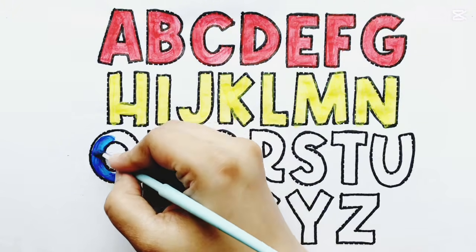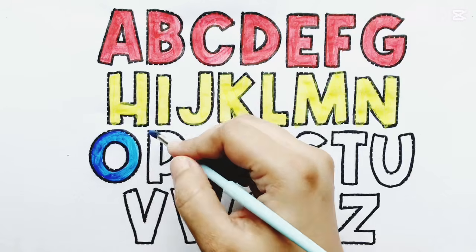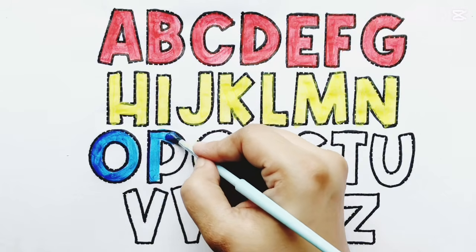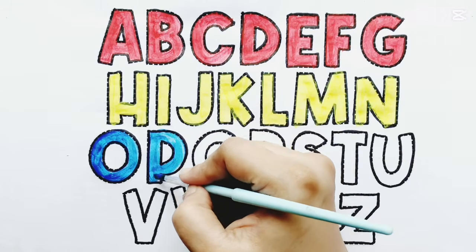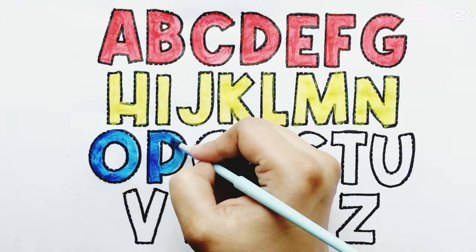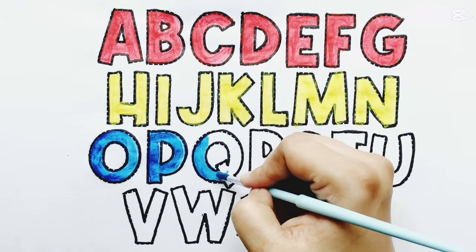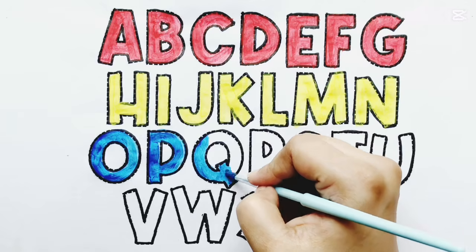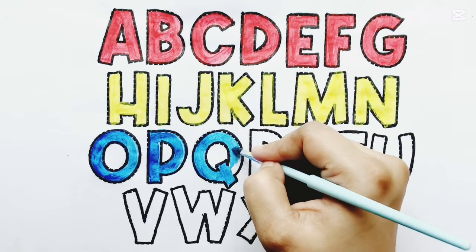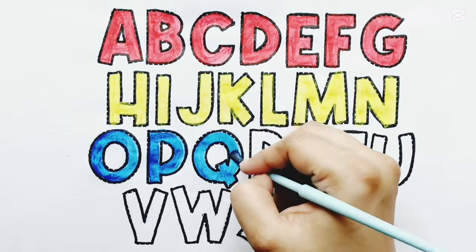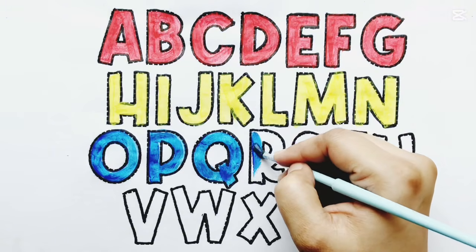Blue color. O for octopus. P for pig. Q for queen. R for rabbit.